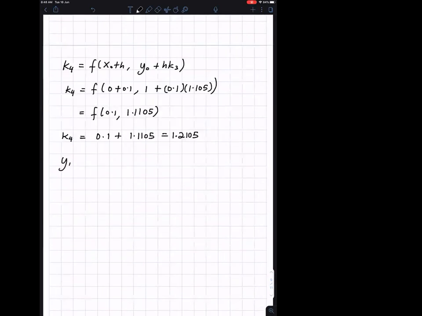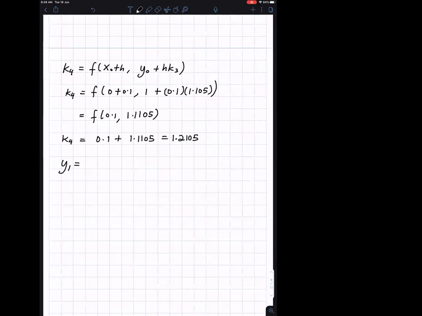Next, you take that and plug this into the Y1, which is the Y coordinate we're trying to find.